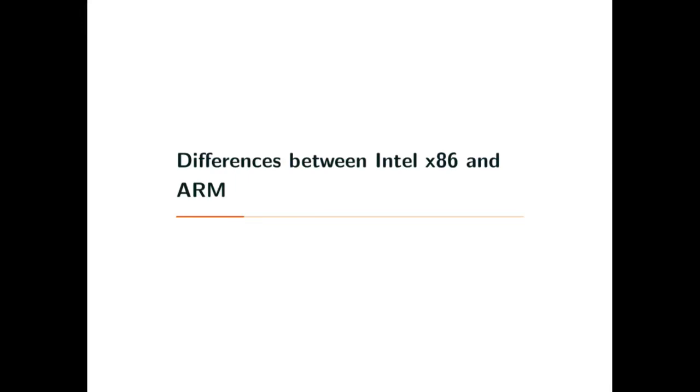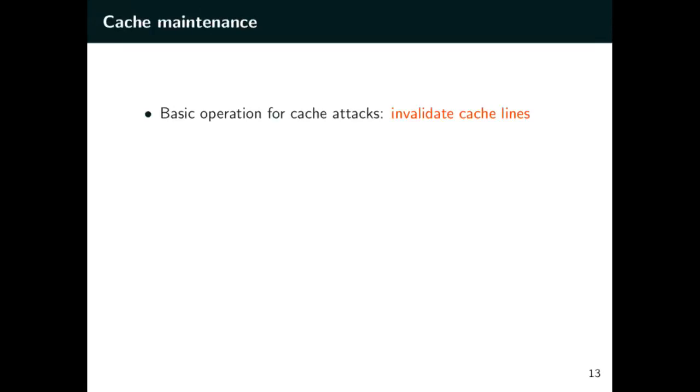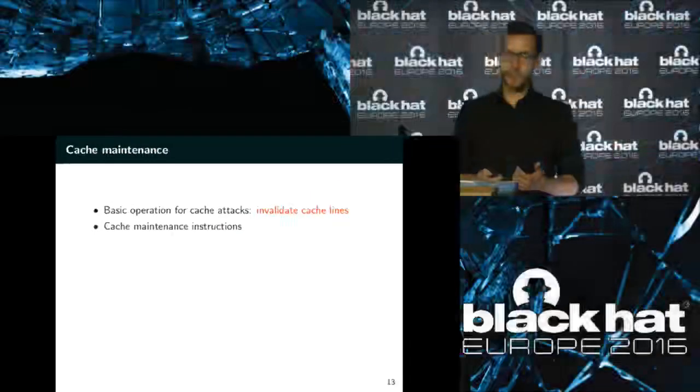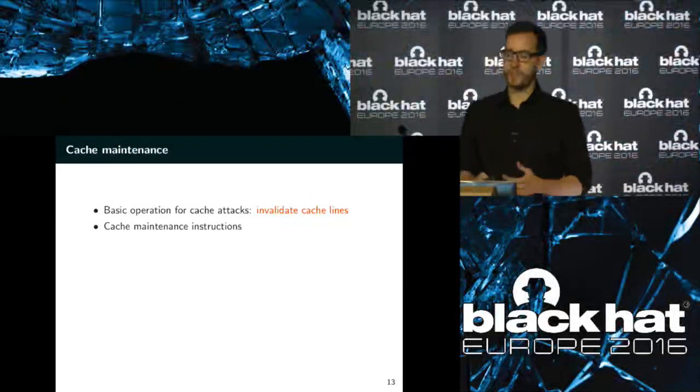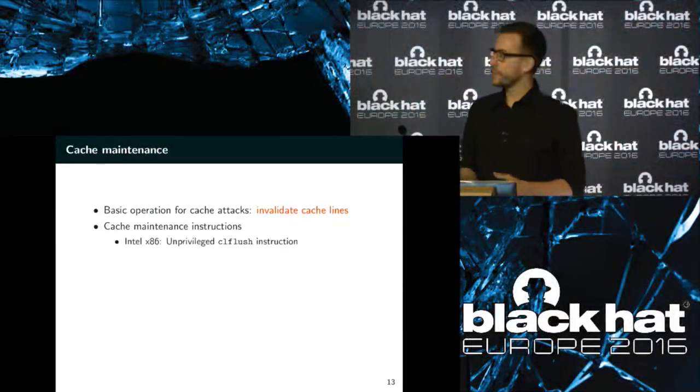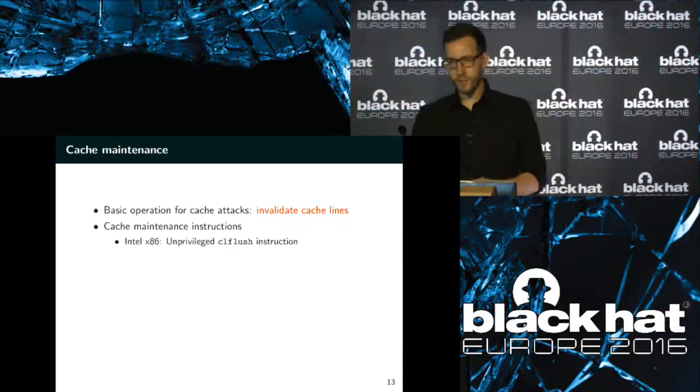So the first thing we need is to be capable of finding a way to remove an address out of the cache to the main memory. And for this, we need to invalidate the cache line. And we have cache maintenance instructions available, which do that for us. And on Intel x86, you may know the unprivileged clflush instruction, which you can use to perform this task.